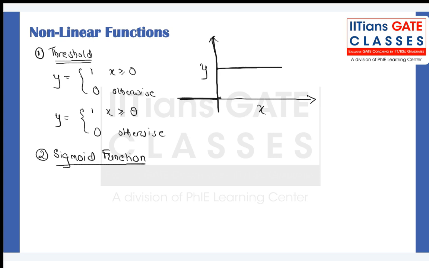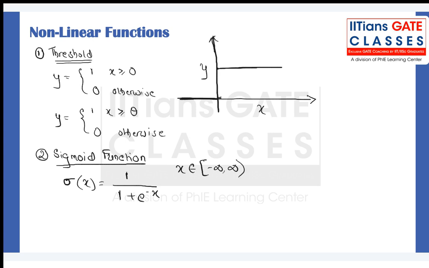Sigma of x, as I'm calling sigmoid, where x is the input, is nothing but 1 by 1 plus e to the power minus x. And the domain of this function x is minus infinity to plus infinity.